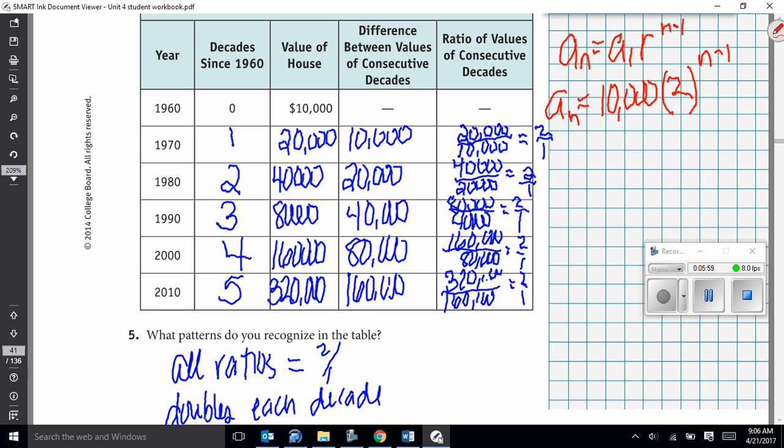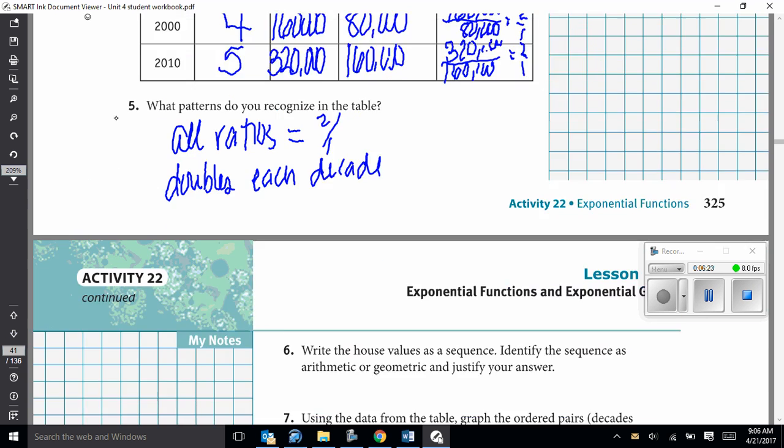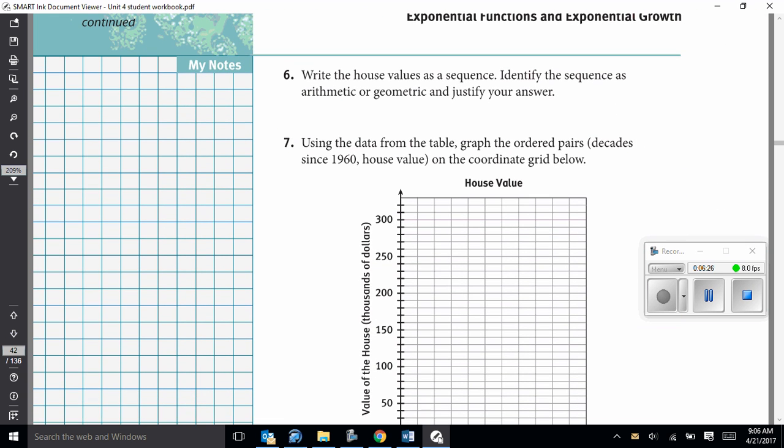So for this, if we know how many decades, then we can figure out what the home value is. Questions? All right, so we identified this as a geometric sequence, and we wrote it again here.